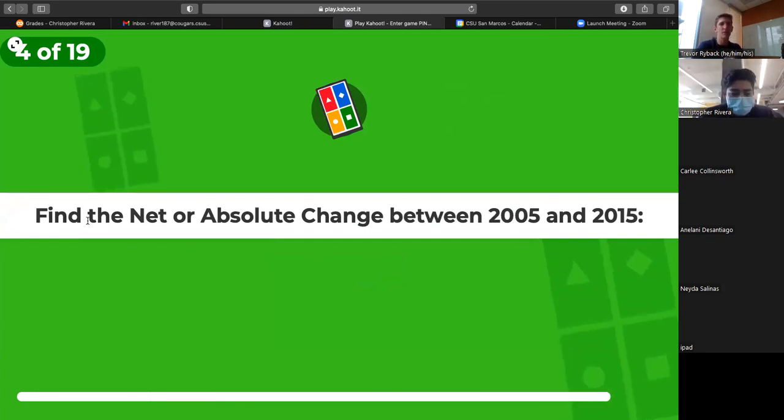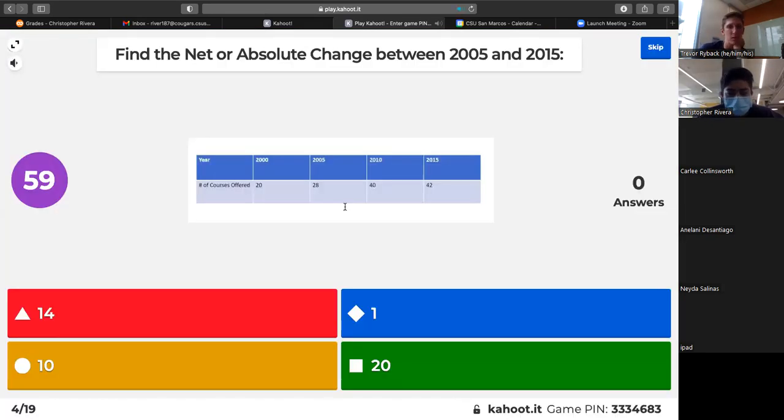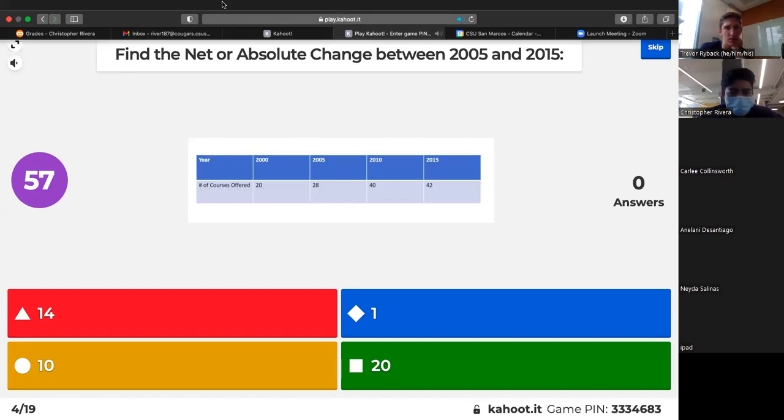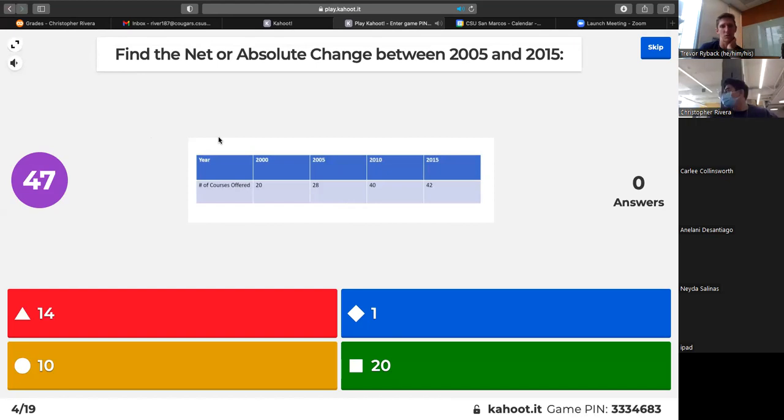According to the table, find the net or absolute change between 2005 and 2015. In 2005, it's 28 courses offered, and in 2015, it's 42 courses offered.